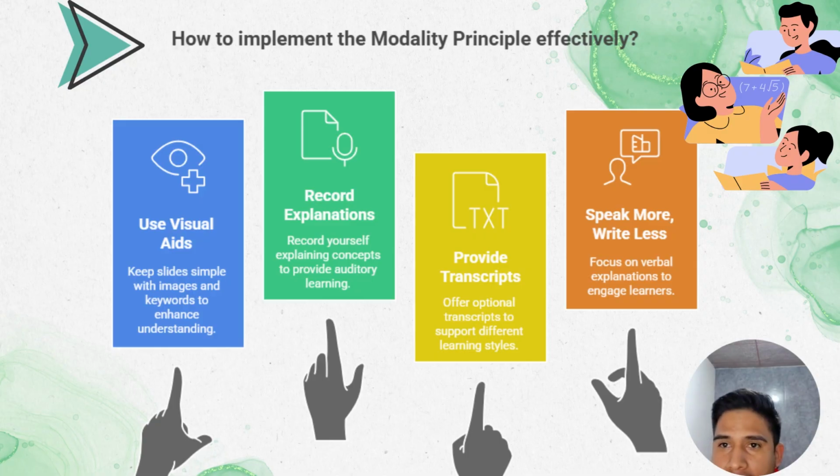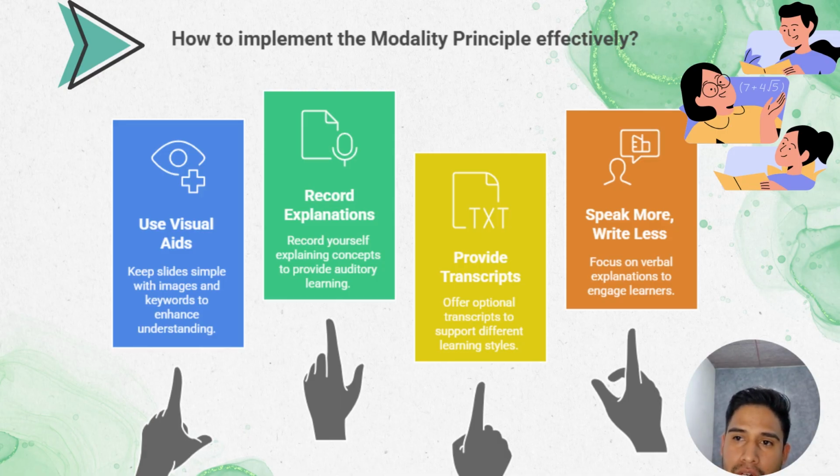And finally, some practical tips. If you use Apple or PowerPoint, use the record feature to record yourself explaining stuff with voiceovers, and keep your slides simple: use images, diagrams and keywords, not paragraphs. If you're studying alone, look for videos where the instructor is speaking clearly and the slides are visuals.